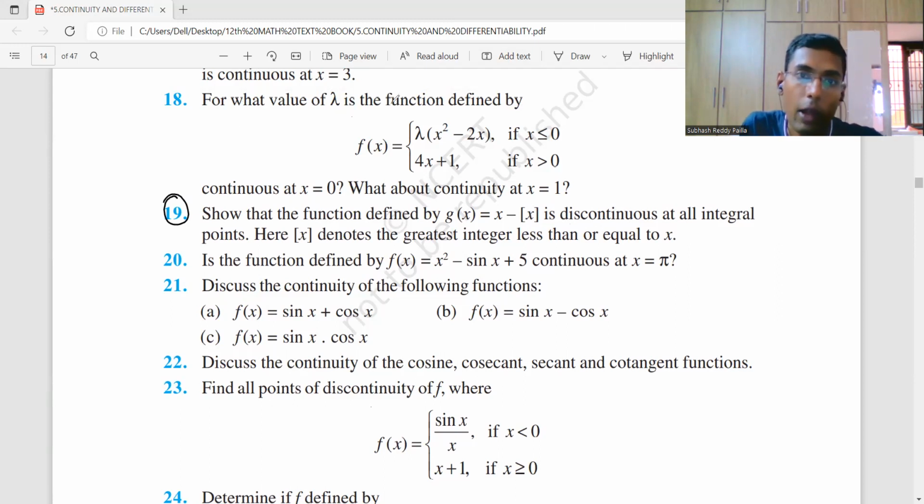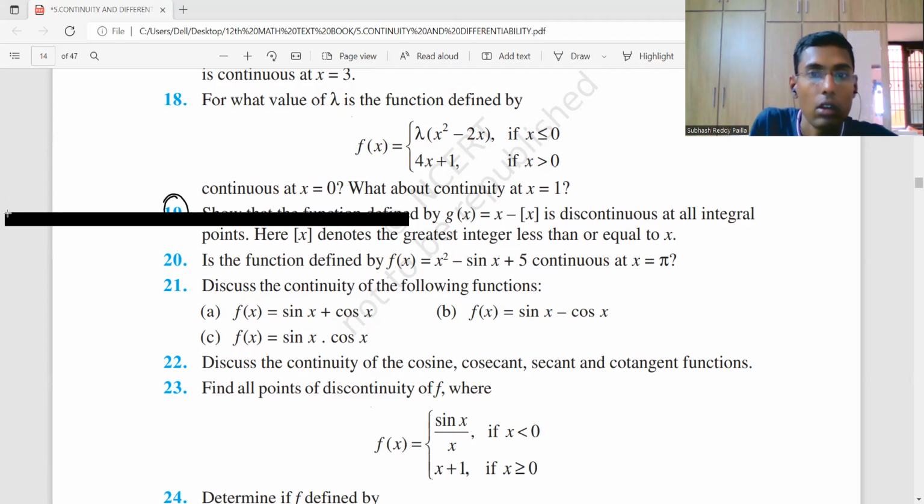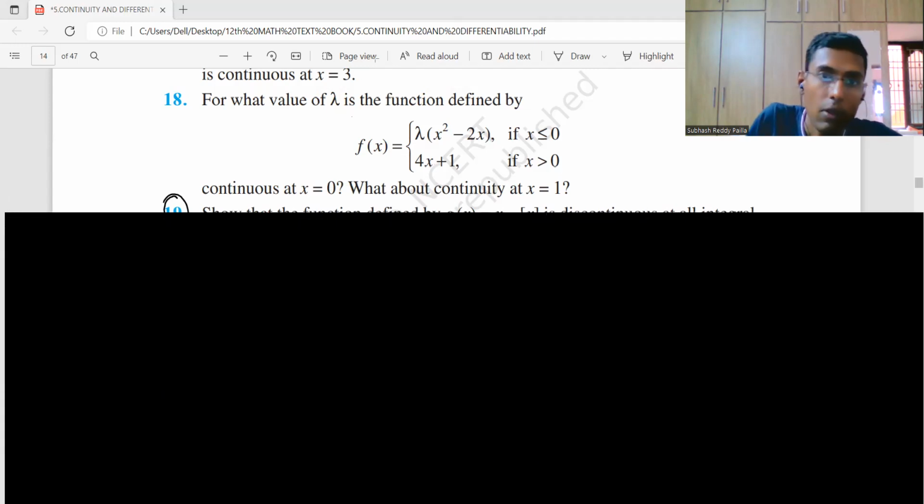For what value of lambda is the function defined by this continuous at x equal to 0? What about continuity at x equal to 1? 18 is to be discussed. We must have done it, but I will discuss it once.